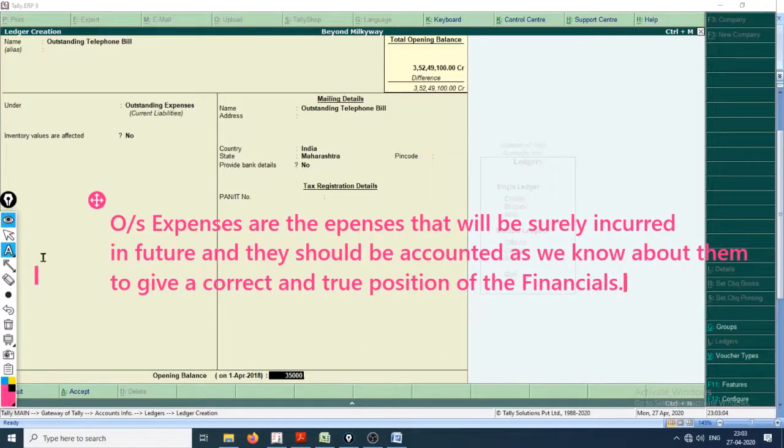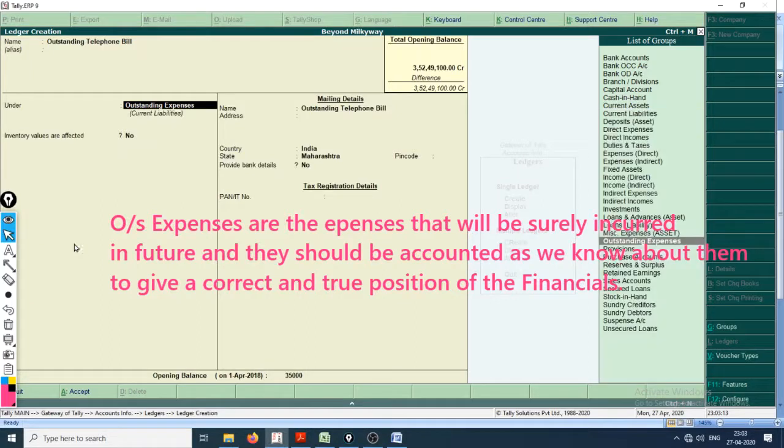So this is pretty much everything you want to know about outstanding expenses right now. Let's skip it and move forward.